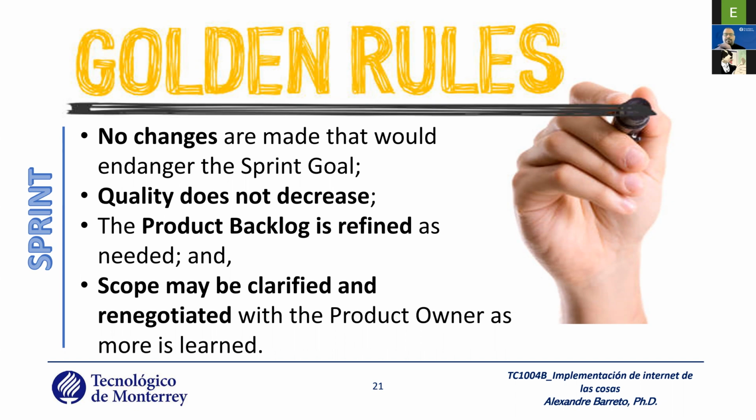You cannot change it. For example, if the customer says, "Oh, I thought better, and my goal is different now," okay, it's different, but you need to wait until the end of the sprint. You cannot change the sprint goal during the sprint. The customer can only change the goal in the next sprint.